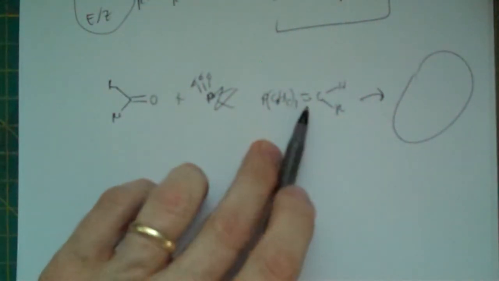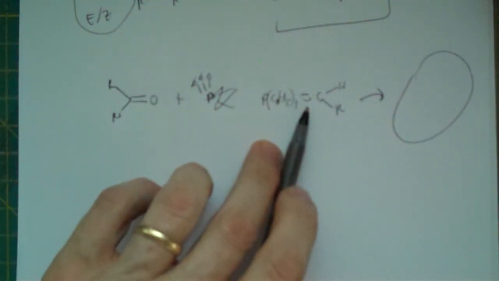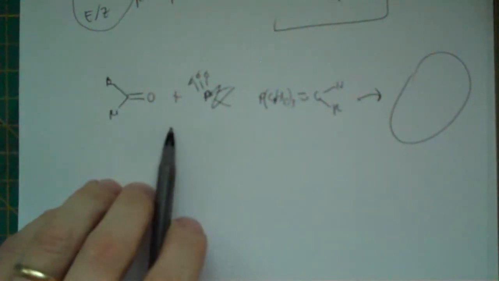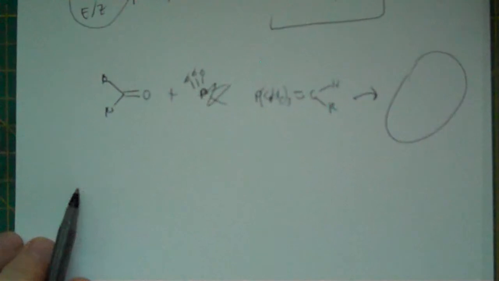Oops, sorry. C6H5, 3. What's this going to give you? Okay, that's a question you've got to be able to answer. Can you read my writing? You know what this is, right? It's triphenylphosphine oxide, right? Plus some ketone. I know my writing's messy here. So that's one question you've got to be ready to answer.